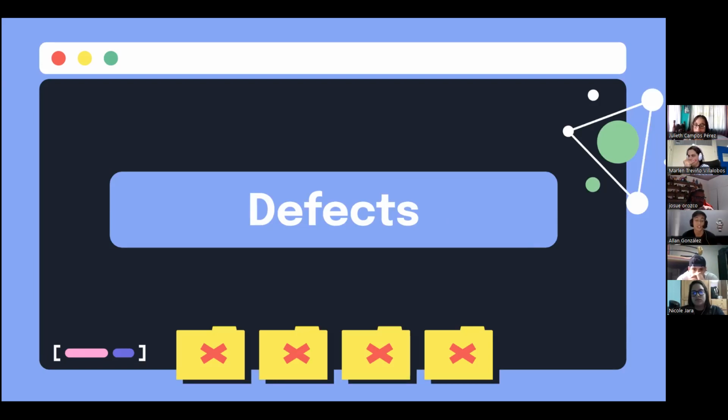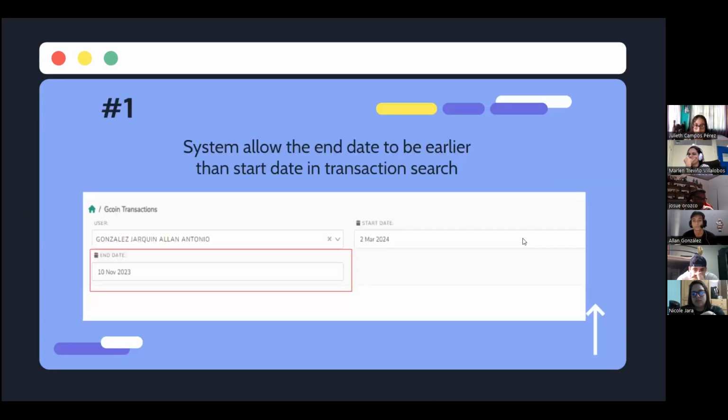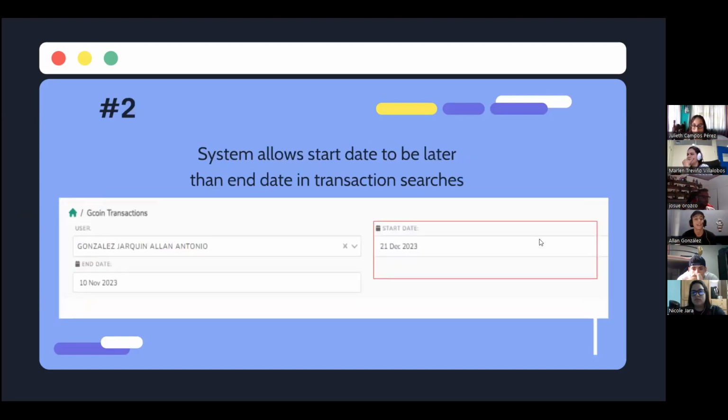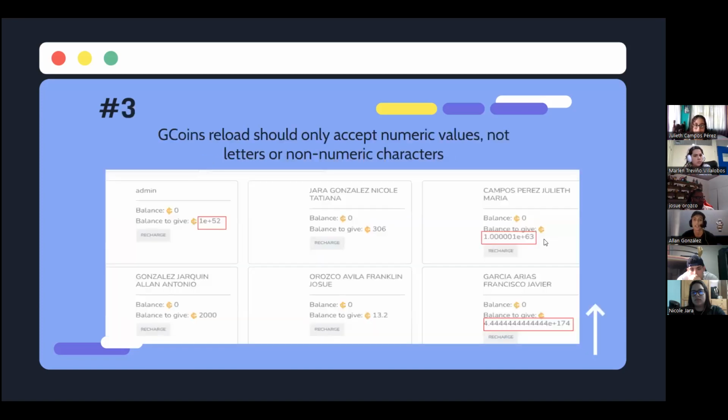Okay, now we're going to talk about some defects that we found in the system. First, in the transaction mode, the end date can be earlier than the start date. And the second, in the same transaction mode, the same situation in another way: the start date can be later than the end date.